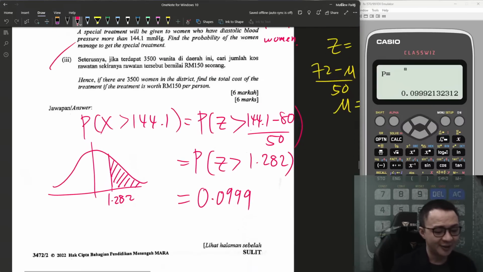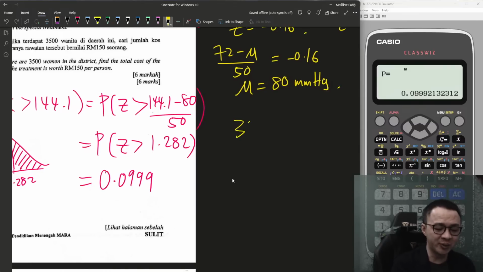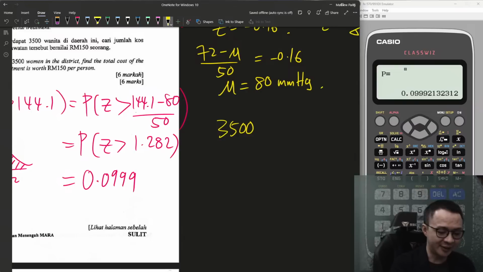Last part. Hence, if there are 3,500 women in these districts, find the total cost of treatment if the treatment is worth 150 per person. So I will need to know among the 3,500 women here, how many actually need the treatment. So I will just multiply the probability, depending on whether you want to round off or not.